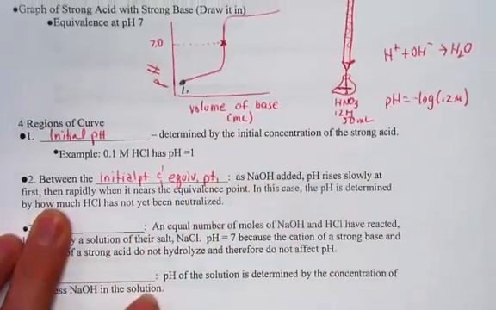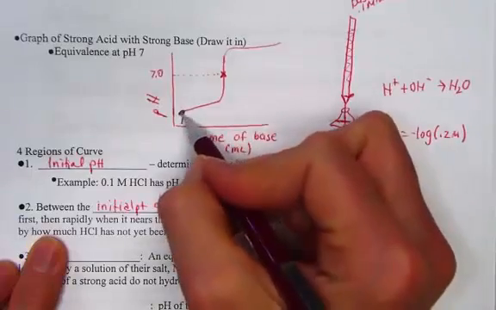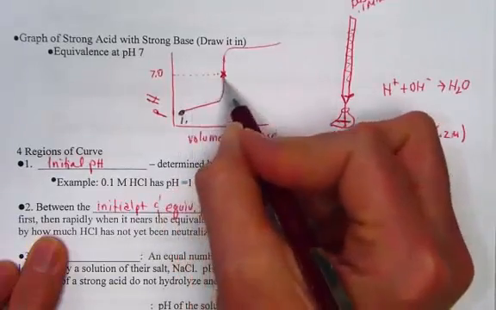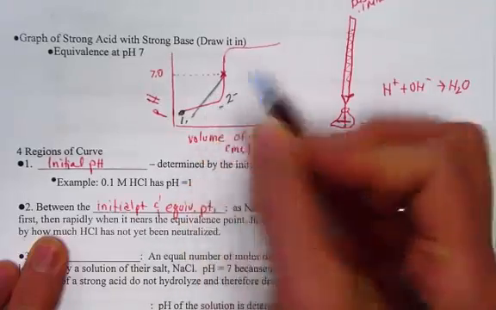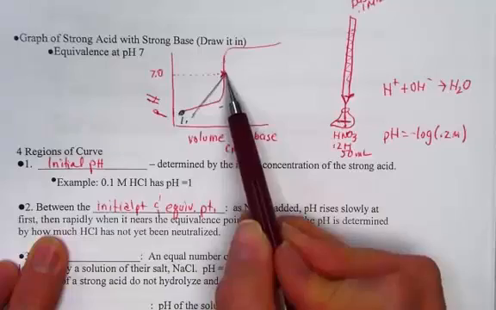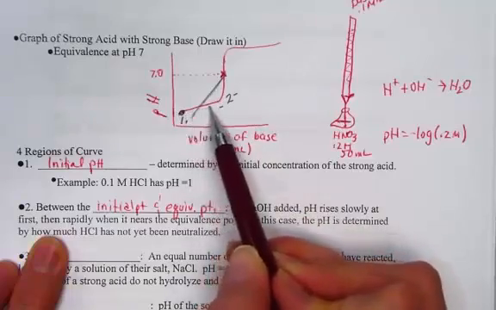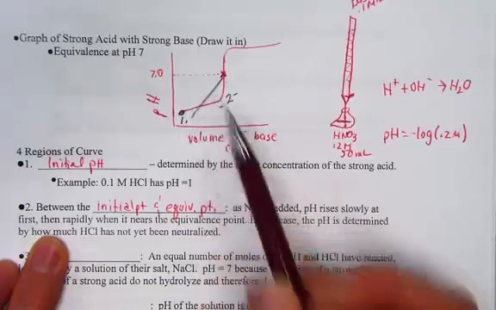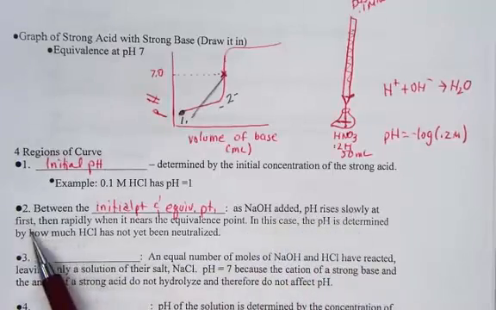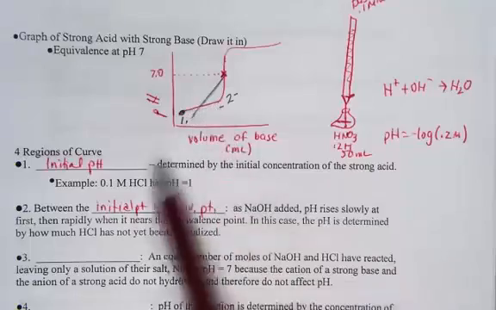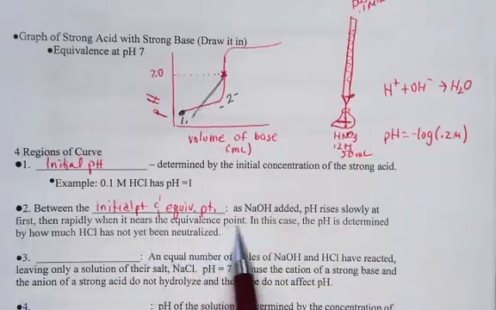So thinking about that on the graph, no base has been added at the start, but this would be the region. In this area, we have yet to reach the equivalence point, but we've begun to add base. So when we begin to add base, the pH rises slowly at first, that would be this region, then rapidly when it nears the equivalence point.